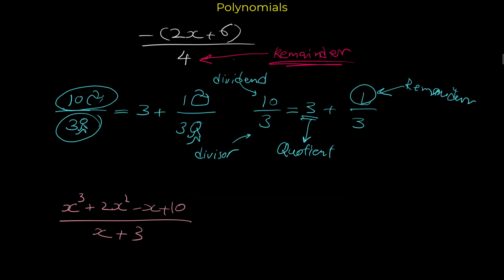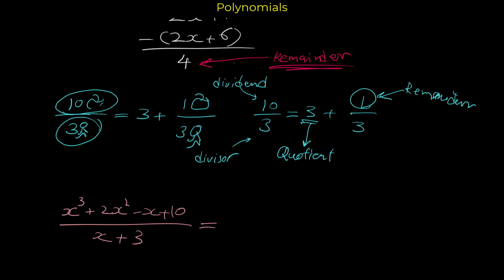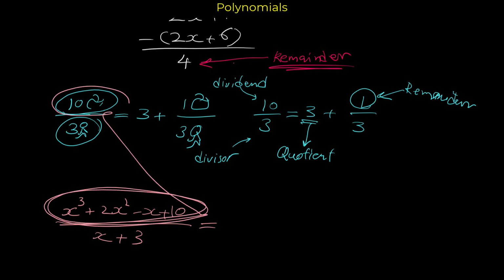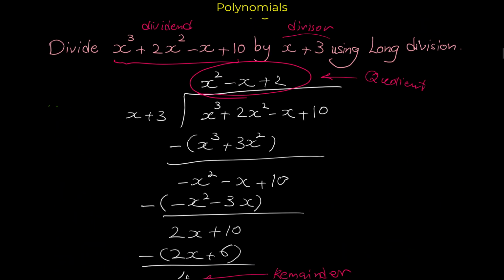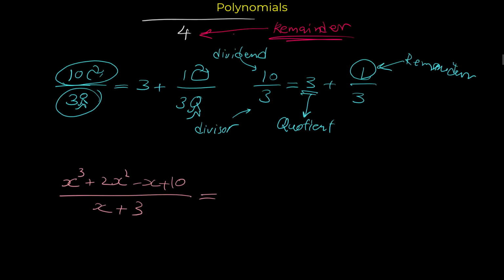What was the quotient? Attention, this polynomial plays the role of apples. This plays the role of people. After dividing numerator by denominator, what did we get as the quotient? x2 minus x plus 2.